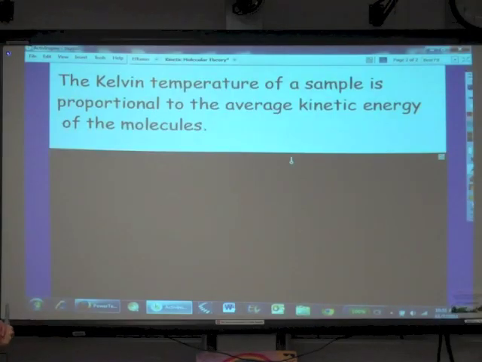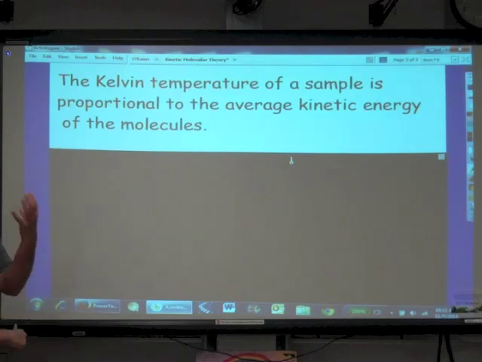The Kelvin temperature of a sample is directly proportional to the average kinetic energy of the molecules. And when I say average, I mean average. If we have a sample and we take the Kelvin temperature of that, that's the average kinetic energy of the molecules. Now keep it in mind that not all the molecules are moving at exactly the same.